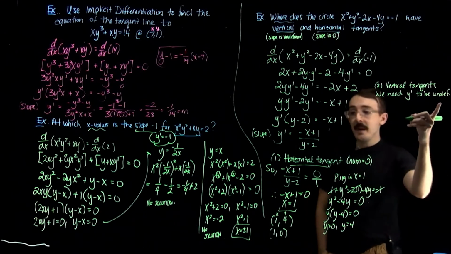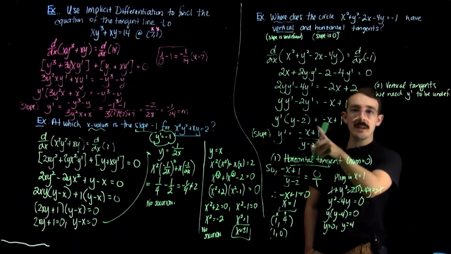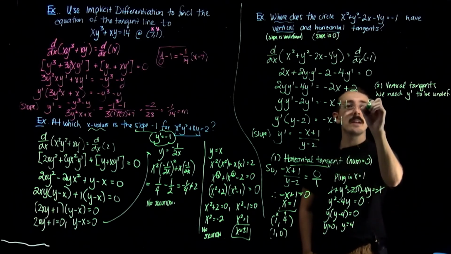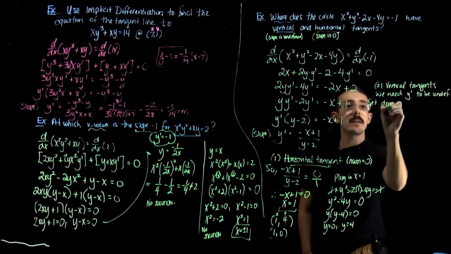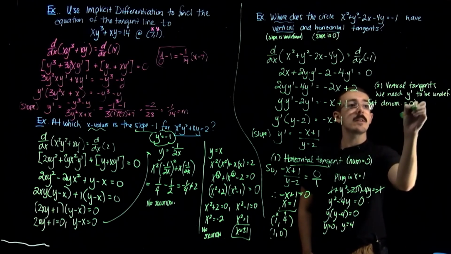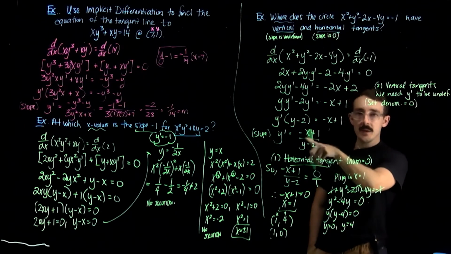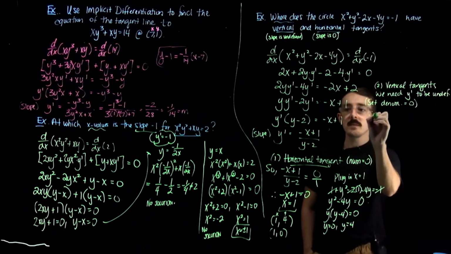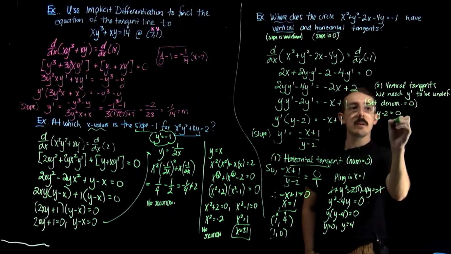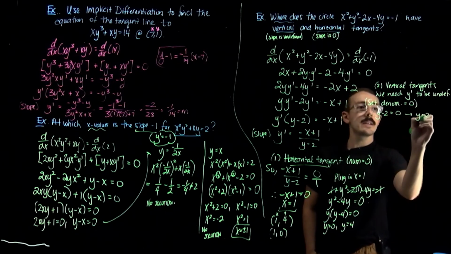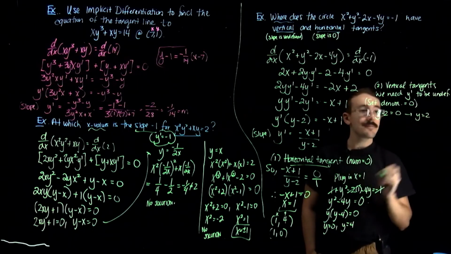So what that means for this is, how am I going to make this undefined? It means I need to set the denominator equal to 0. So that's the idea. That's how I make this fraction undefined. So that means y minus 2 should be 0, or y is 2.